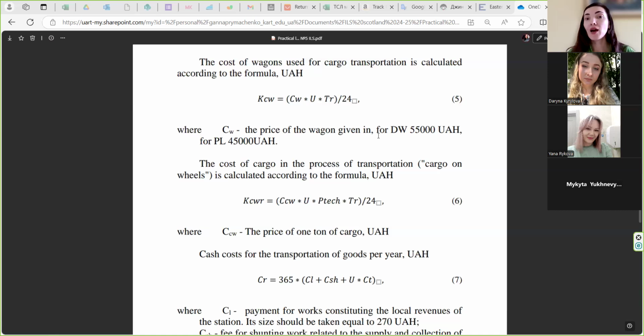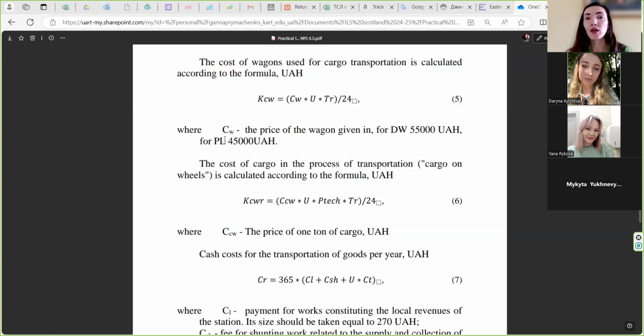For DW, we use 55,000 hryvnias. If you have platform wagons, we use 45,000 hryvnias. Maybe we need to use PW here, but sorry, I wrote PL here. It is not correct. It is PW.